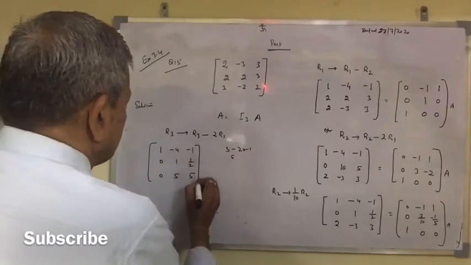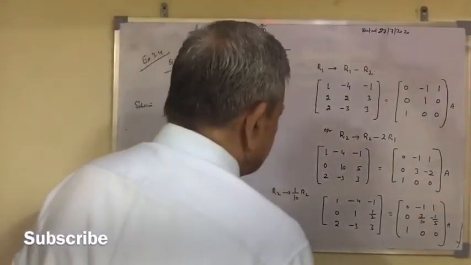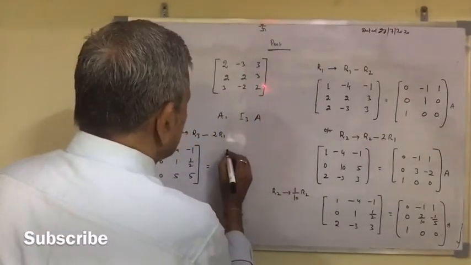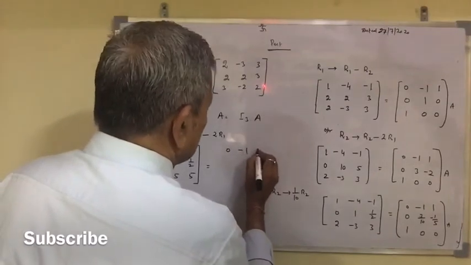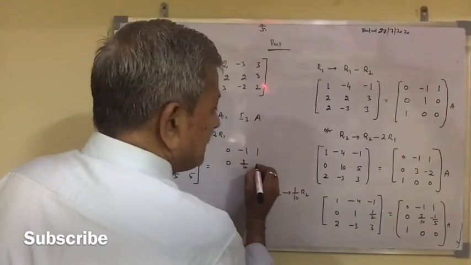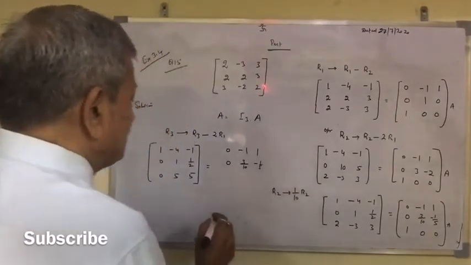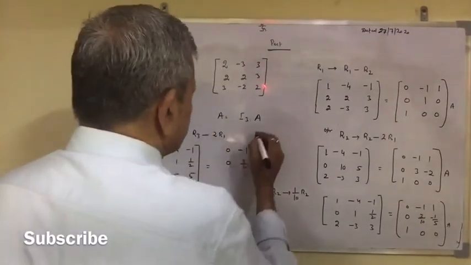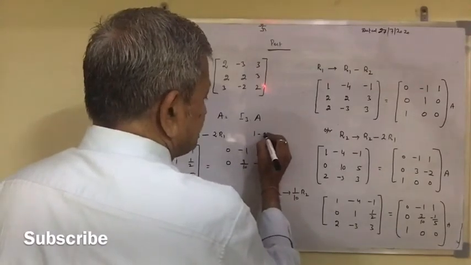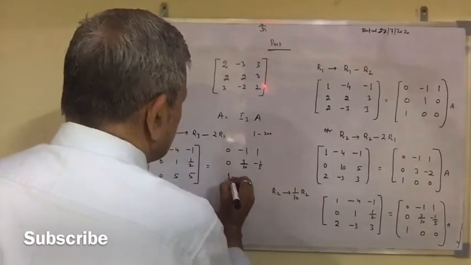So this is your left hand side, and now on the right hand side after this you would get the operation on R3. So your right hand side operation is 0 minus 1 1, and 0 3 by 10 and minus 1 upon 5, and in R3 you operate like this, R3 minus 2 of R1, so it gives you R3 means 1, and minus 2 of R1 means 2 into 0, so it gives you 0, so 1 itself.